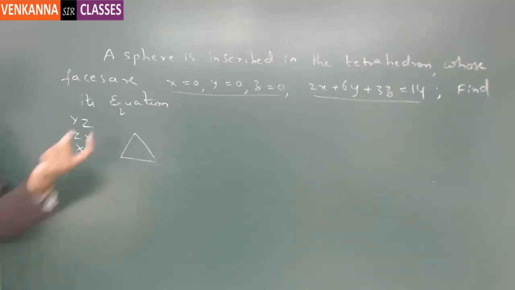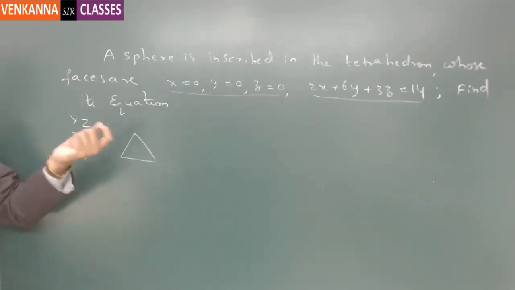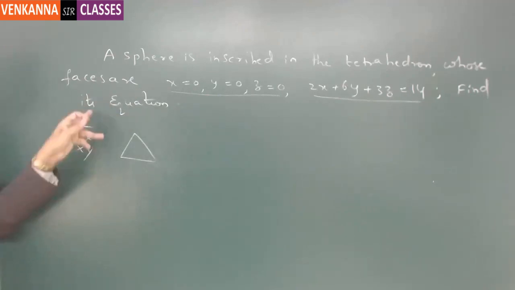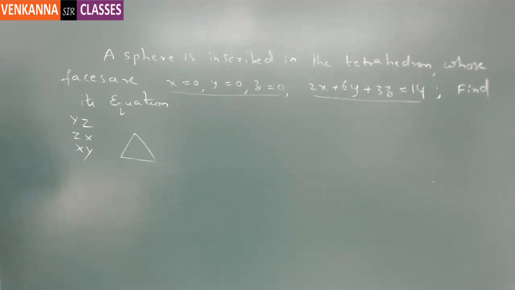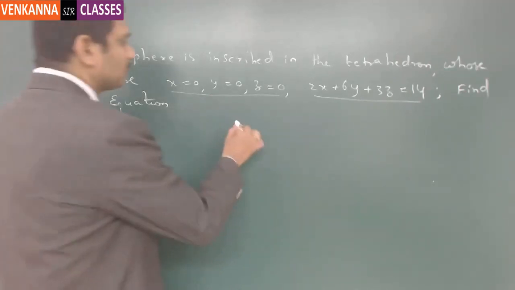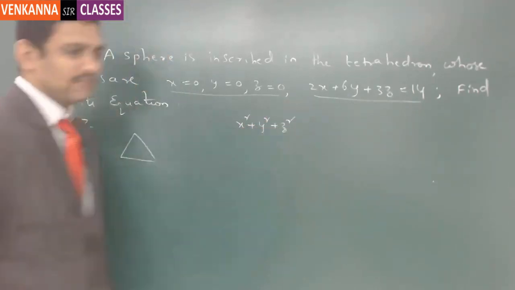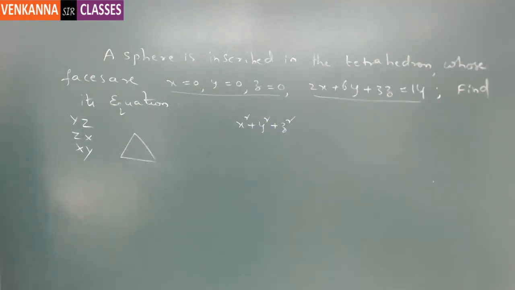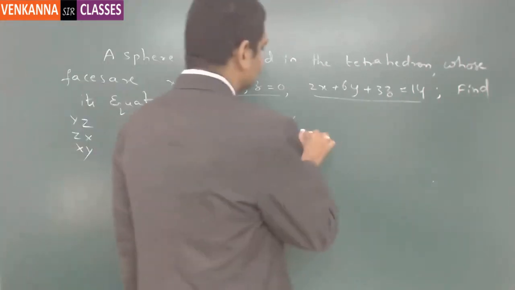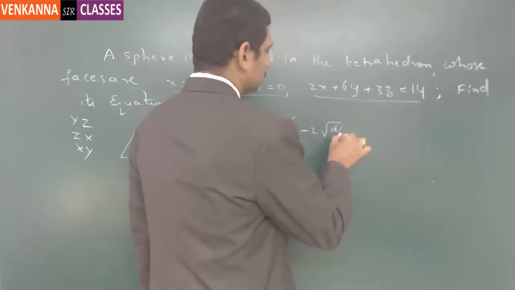So you can feel that the sphere touches the three coordinate planes. So obviously the equation of the sphere you can take as x square plus y square plus z square. Then you have the other equations.